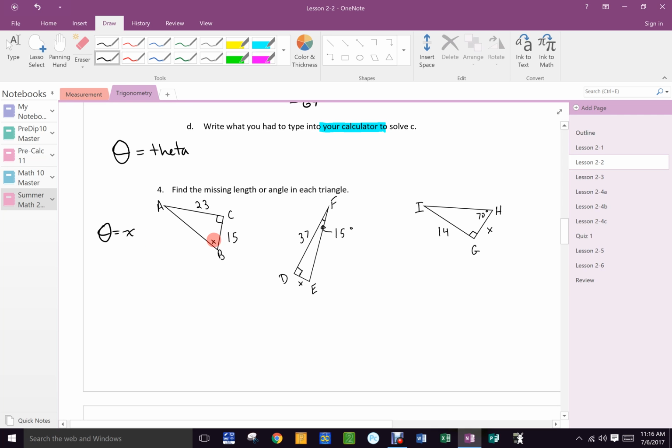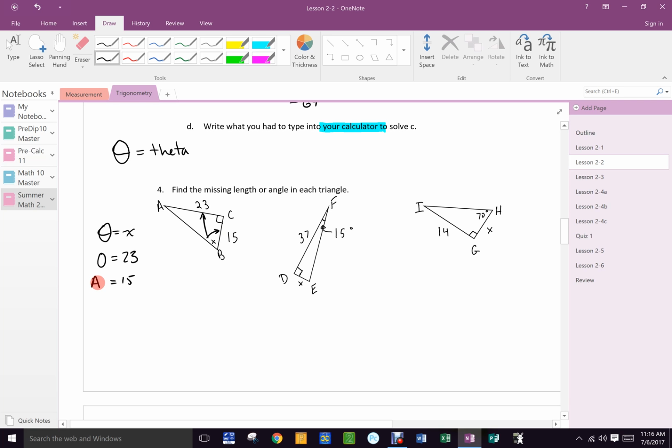Now that I know I am working with x, I'm going to look at the triangle and see, oh, there's an opposite. So my opposite equals what? 23. And then what's this side? 15, but what do we call that side? Adjacent. Now what do we know?